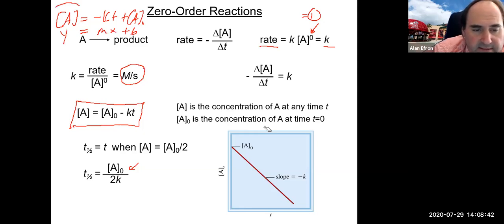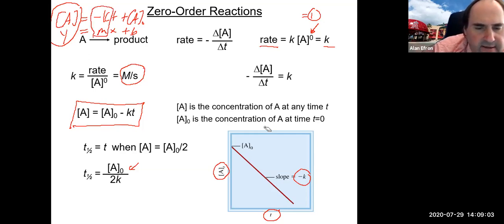So similar things graphed. On the y, we have the concentration. On the x, we have the time, and that will yield us a straight line as we see here, again back to a negative slope. And the slope here will equal minus k.